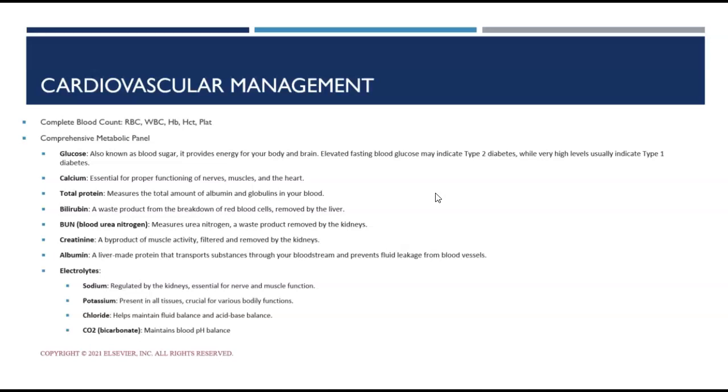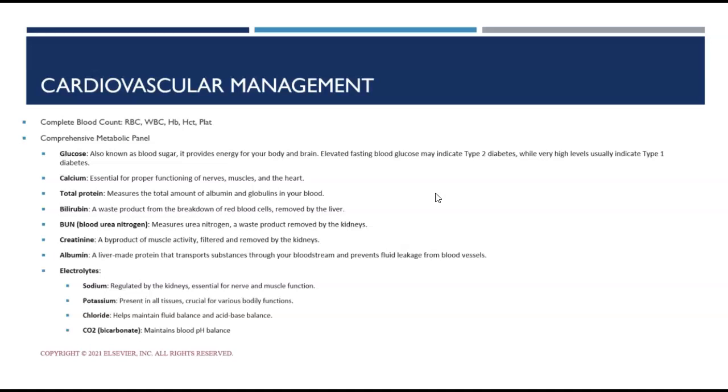Comprehensive metabolic panels. These look at electrolytes in your body. So sodium, potassium, chloride, total CO2, which is your bicarbonate, albumin levels, which is a protein in your blood, bilirubin, calcium, glucose. All of these things tell us your patient's overall well-being.